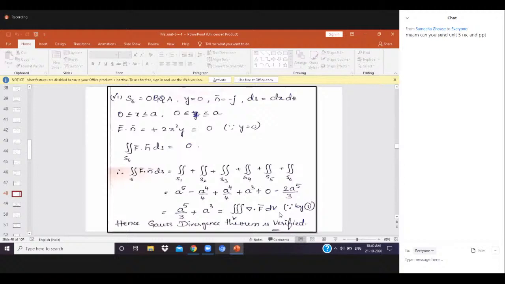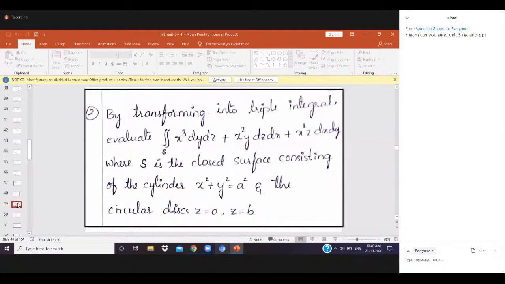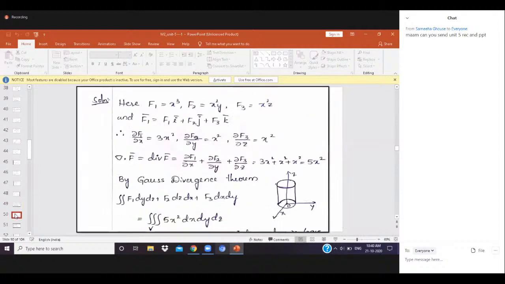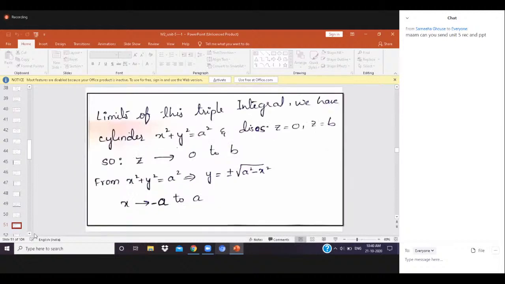Here n bar is the unit outward drawn normal. According to this theorem statement we are evaluating. Then we'll go for the next theorem.